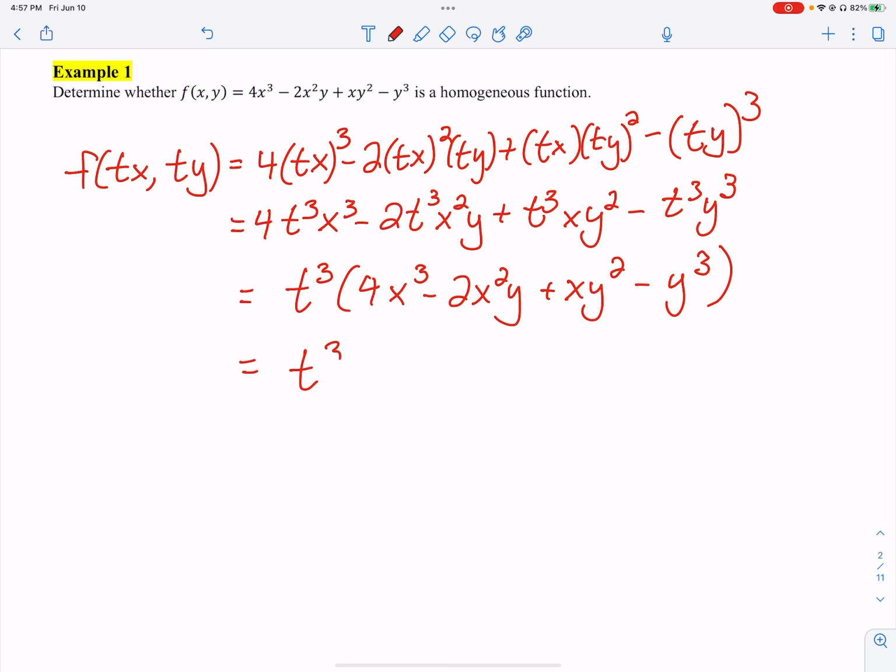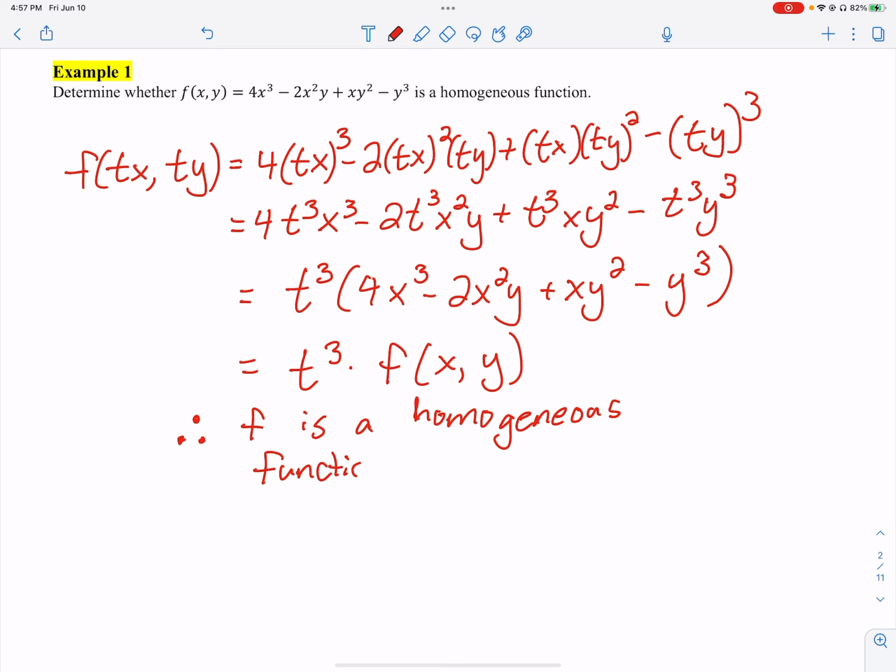So this is t to the third times f of x and y. So this tells me f is, therefore, a homogeneous function of degree 3.